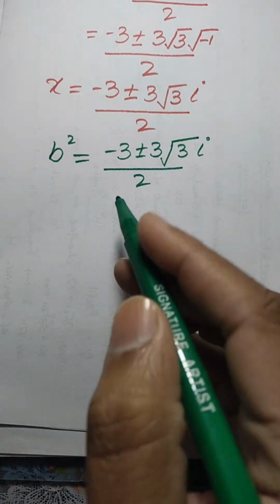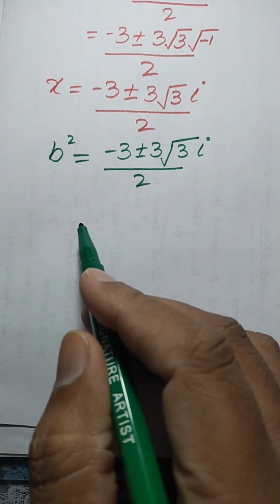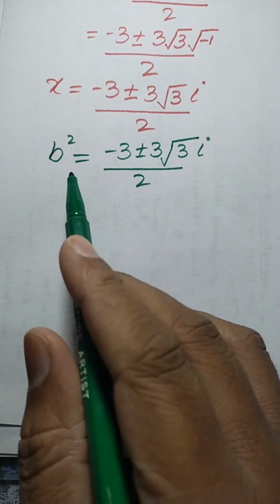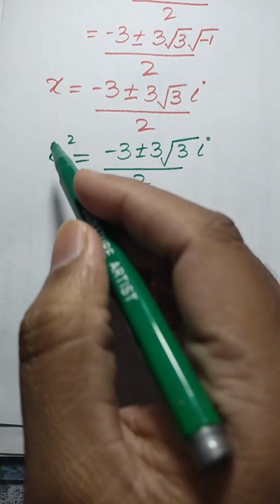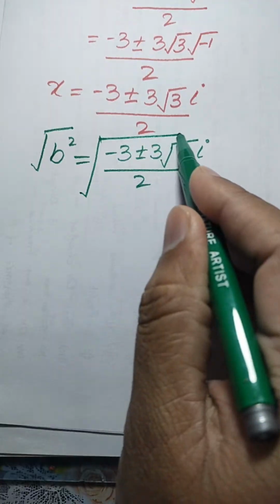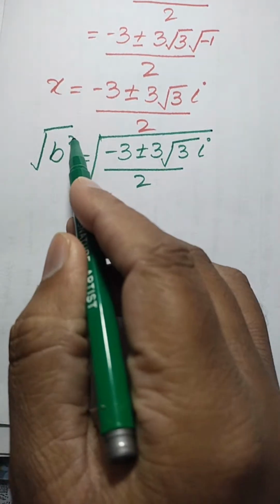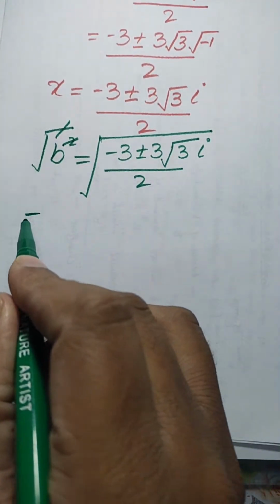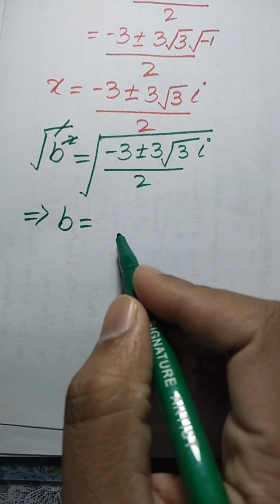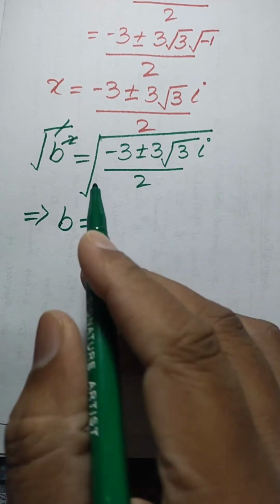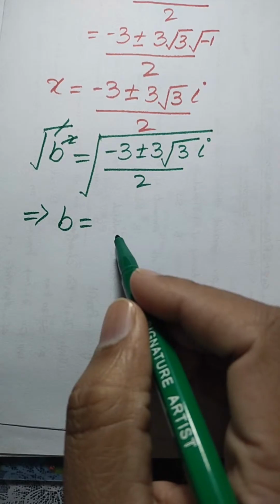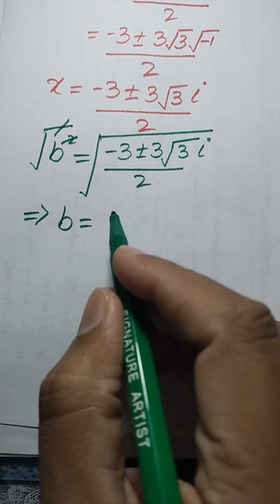So here in order to find the values of b, we again take a square root on both of the sides for removing this square sign, so that here we apply this square root on both of the sides, and you see here this 2 and this square root are cancelled out by each other, and we will get here b is equal to, further again you see that when we apply a square root on both of the sides, we will write here plus minus sign on any one of the sides.